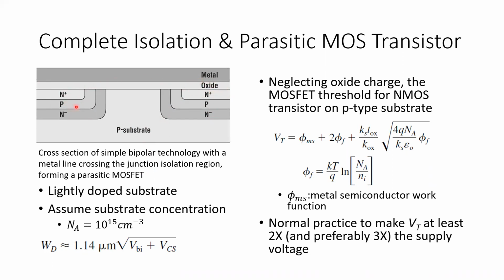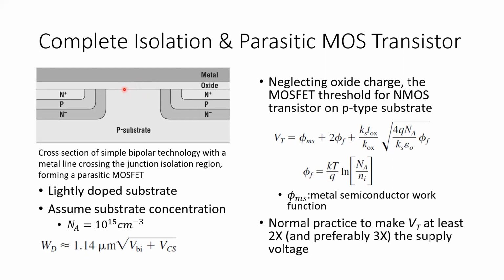On top of this device we have an oxide layer for insulating purposes, and then we also have metal on top of the oxide to make interconnection. As you can notice, here is N, here is N, and here is N plus. So we have oxide and then metal. This is a parasitic metal oxide semiconductor structure, which is actually a MOSFET.